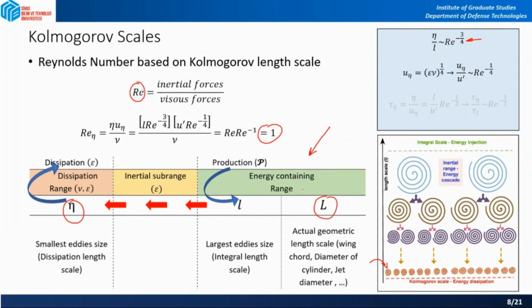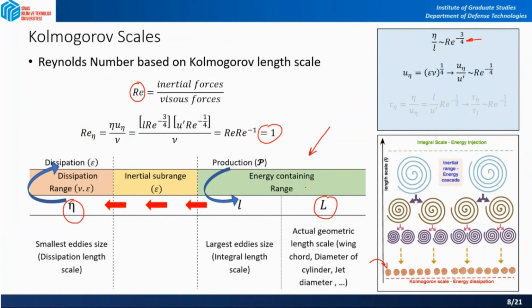It could be the actual geometric length scale of the object which generates the turbulent flow. Whatever it is, it could be the diameter of a jet, the diameter of a cylinder, the chord length of a wing, or the thickness of a bar of a turbulence grid generator inside your wind tunnel, anything.